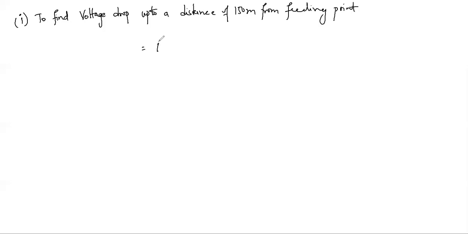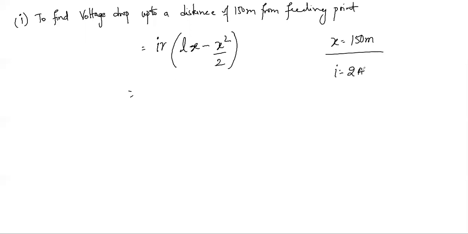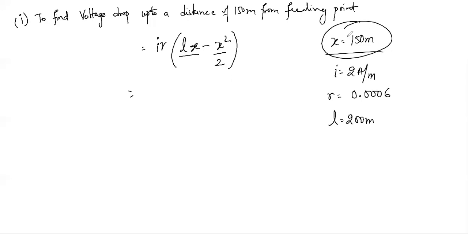Up to 150 meter, the voltage drop is i into r into (Lx minus x squared) divided by 2, where x is 150 meter. What is i? That is 2 ampere per meter. r is 0.0006. L is 200 meter and x is 150 meter.